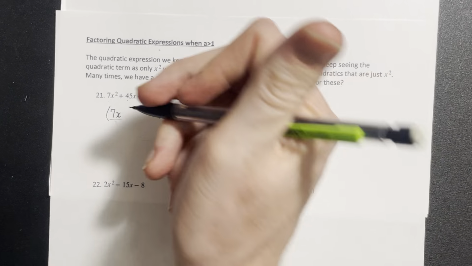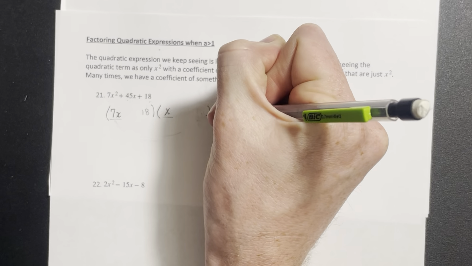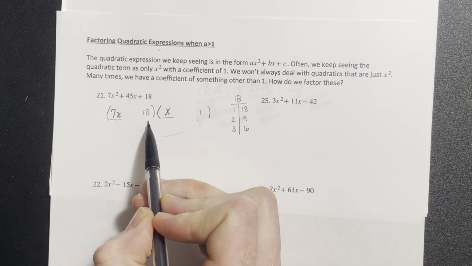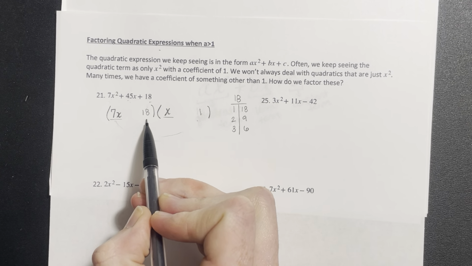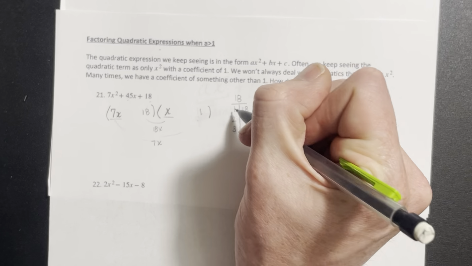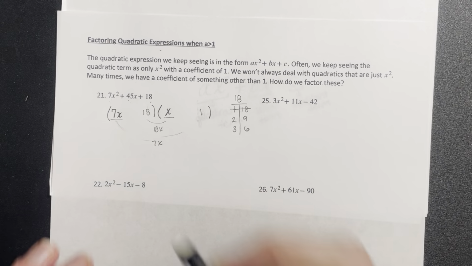It still could be 1 and 18. It would just have to be maybe 18 over here with the 7x. Now that might be worth trying because 18x would happen here in the middle, and 7 times 1 would be 7x here. But that's 25x, not 45x. So I know that it's not the factors 1 and 18.